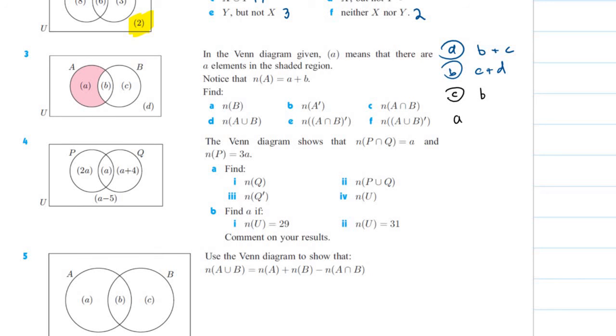So that's going to be A plus B plus C. If we want the number of items that are not in the intersection, those are going to be everything that's in part A, everything that's in part C, everything that's in part D. And if we want the number of items that are not in the union, well, this is the union, so the things that are not there are here. So D would be everything that's not in the union.